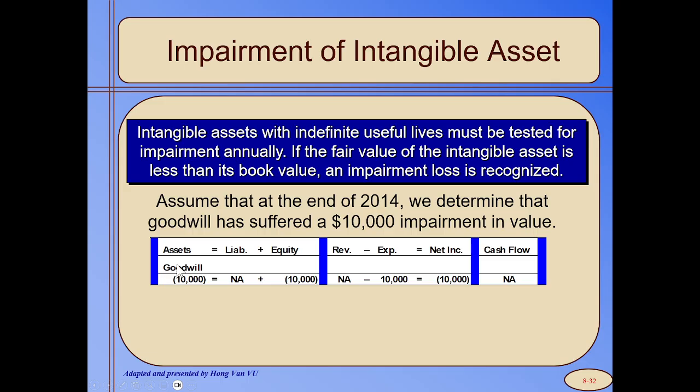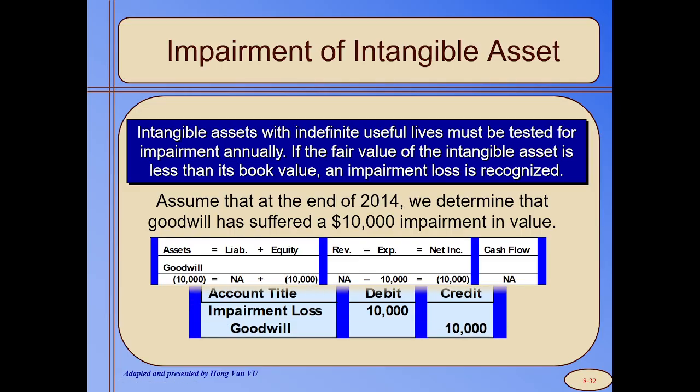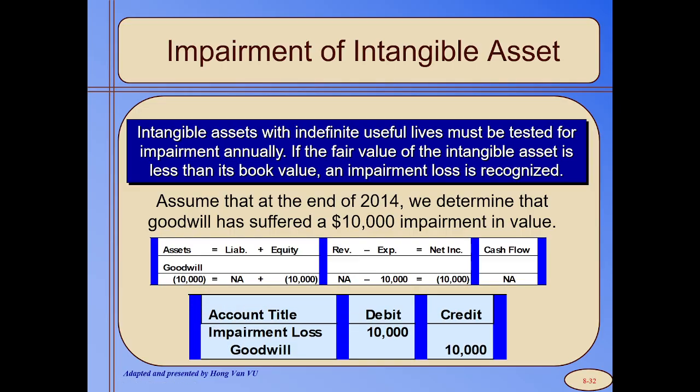The goodwill account is reduced by $10,000 and an impairment loss reduces income by $10,000. There is no cash flow impact to this transaction. The proper journal entry is to debit, or increase, the impairment loss account and credit, or decrease, the asset goodwill by $10,000.